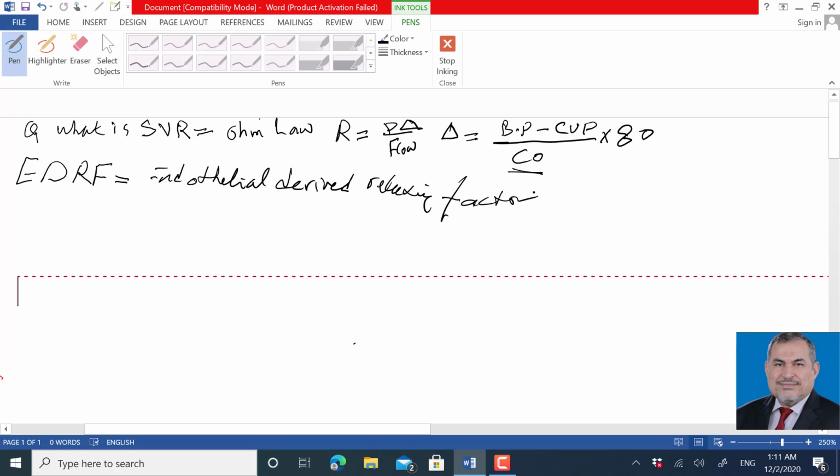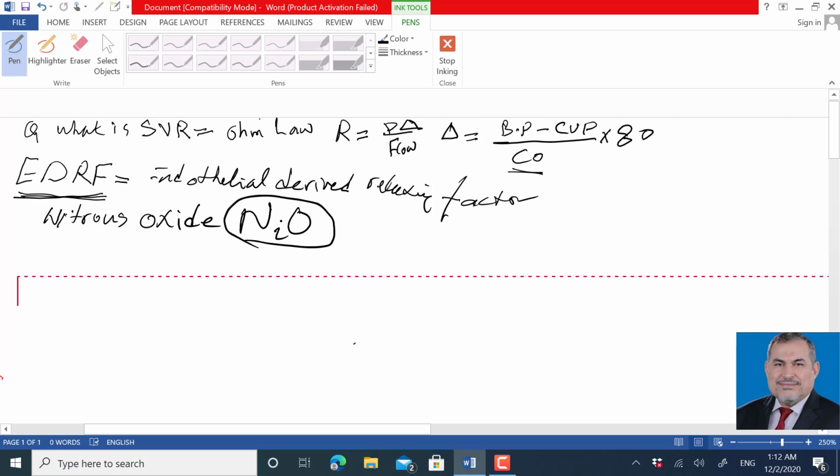What is it, what is believed? This substance is nitric oxide. This is EDRF, endothelial derived relaxing factor.